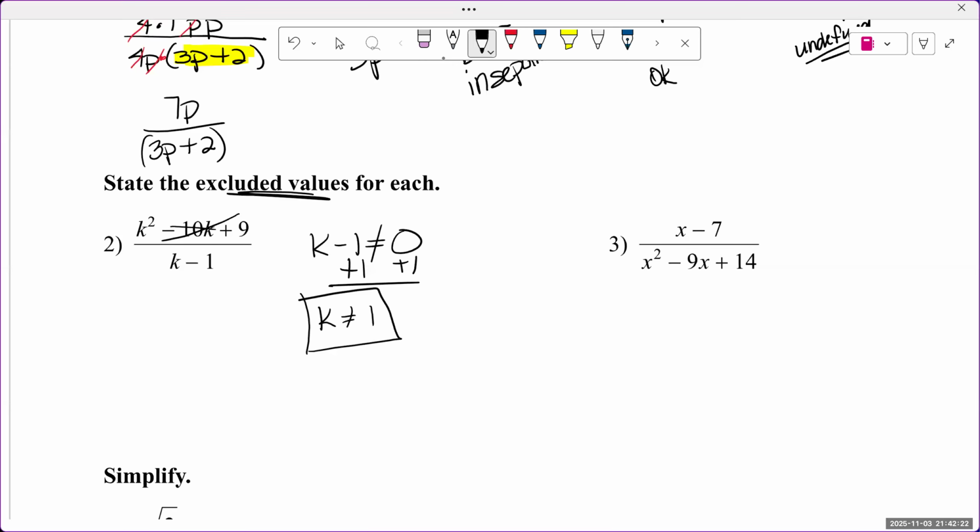Number 3, x squared minus 9x plus 14 is not equal to 0. It's just like we're solving when it was equal to 0. So we're going to factor, split, and solve. We need two numbers that multiply to get 14 and add to get negative 9.